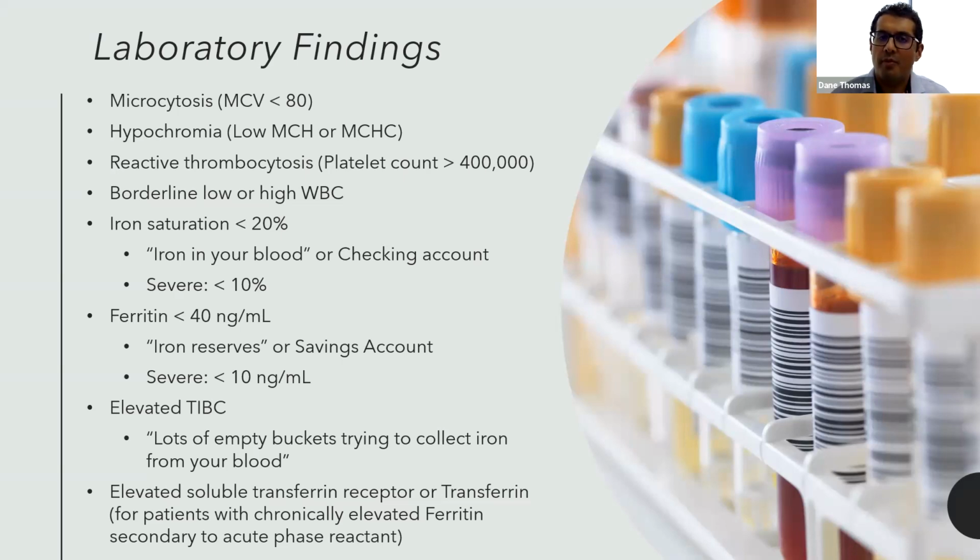So when we have patients who have elevated ferritin levels but also have low iron saturation, we check a transferrin or soluble transferrin receptor panel to see if that's elevated, to confirm whether they truly have iron deficiency or not.